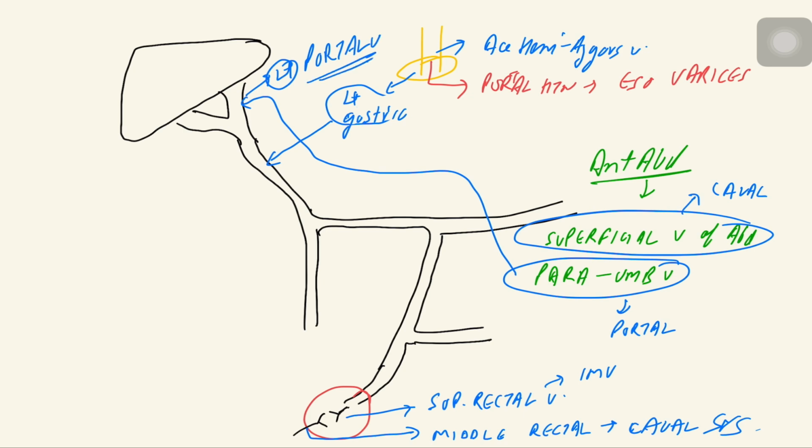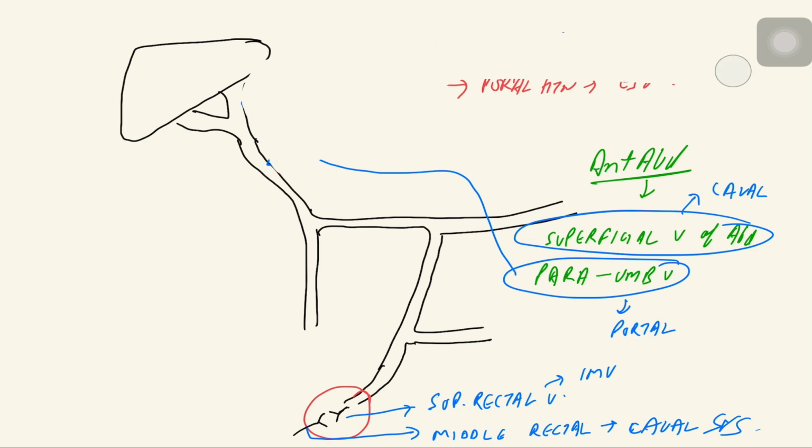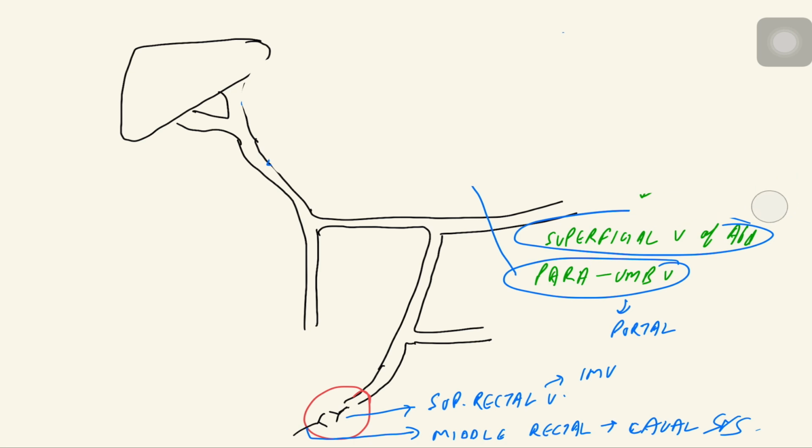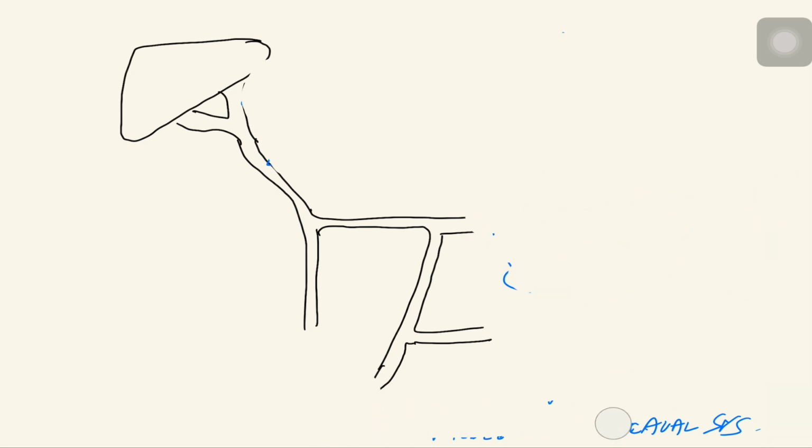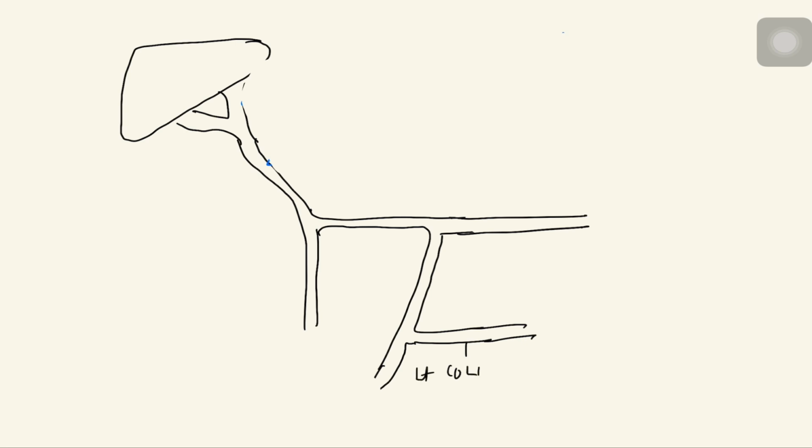Now, on the similar diagram, let us study the other sites. And then in the end, you can screenshot a clean diagram also. Okay. So the other sites were basically, this is your colic vein, the left colic vein. In the posterior abdominal wall, you have a kidney. This is your renal vein.